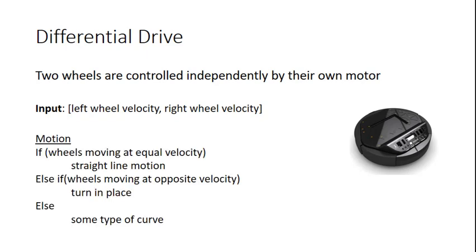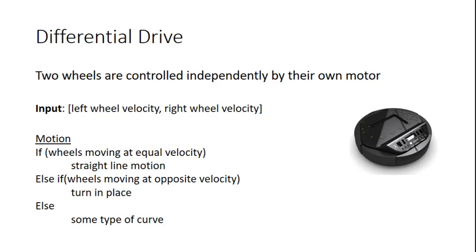And when you pass in some velocity, the motion that occurs can be partitioned into 3 different types. If the wheels are moving at equal velocity, so the same speed and in the same direction, you're going to get straight line motion, so like forward or backwards. If the wheels are moving at opposite velocity, so the same speed but different directions, it's just going to turn in place.